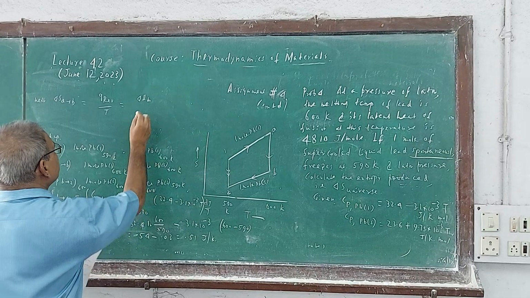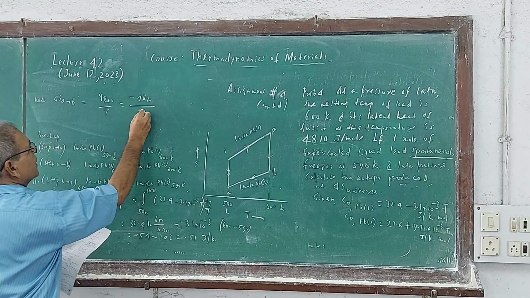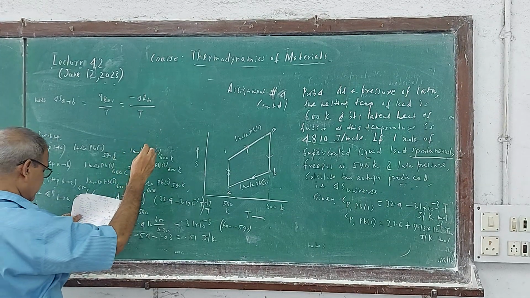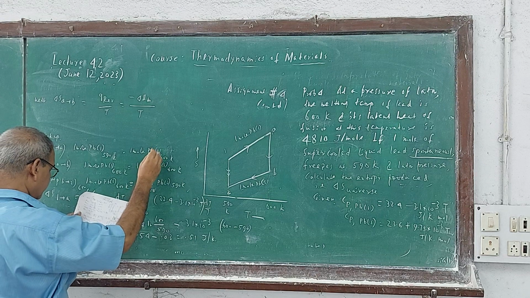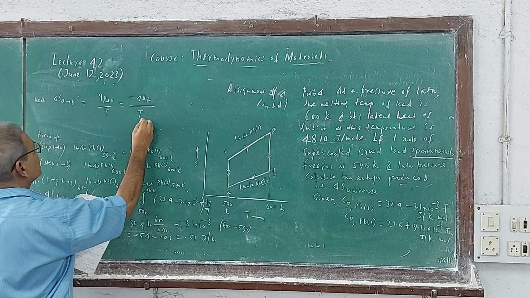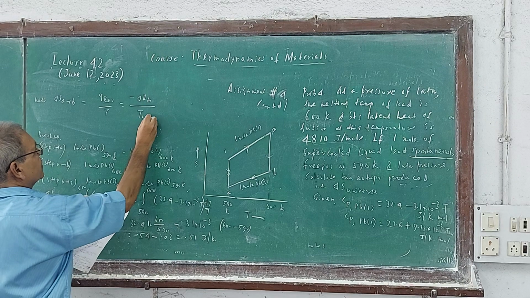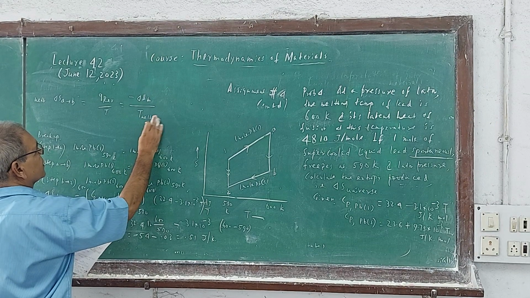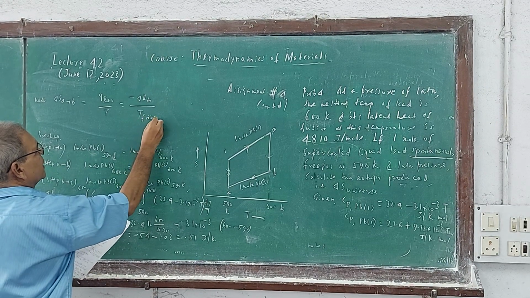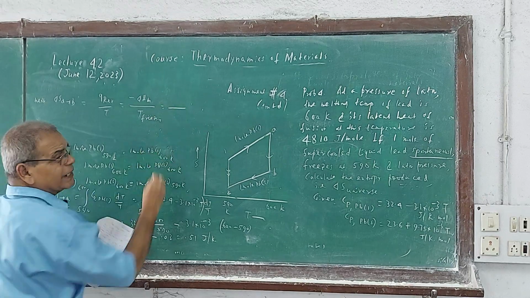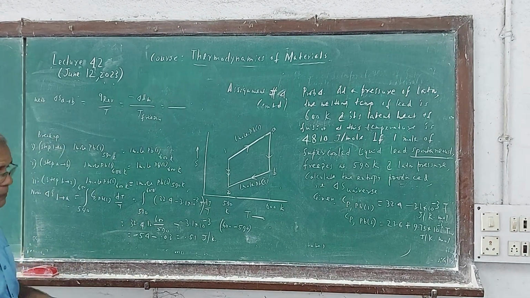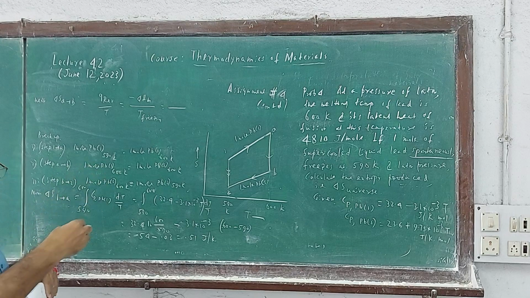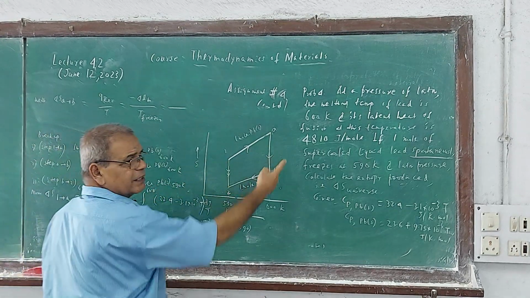But should it be melting or freezing? Freezing means the melting point, actually the same, but with a minus sign. Melting is plus 4810 joules, liquid to solid to liquid; this much heat is needed.